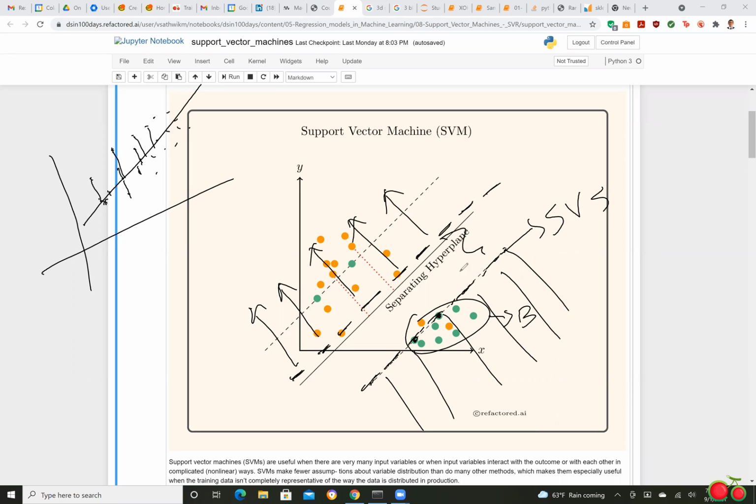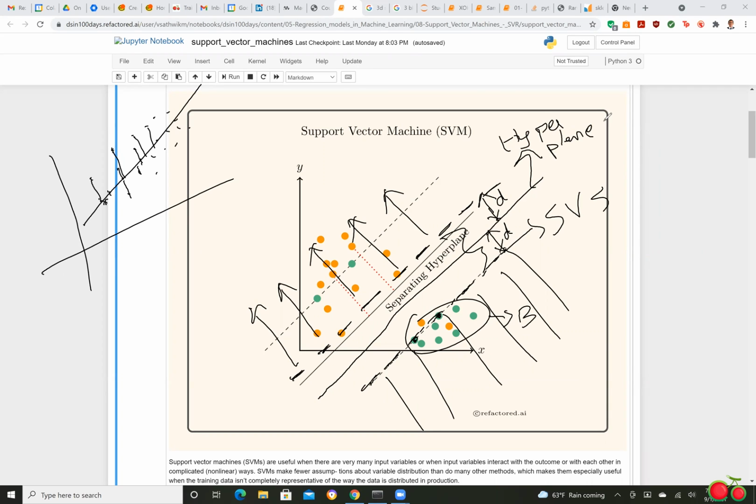Now I have this space in between them where there are no observations. Then I draw a line midway through the space, which is equidistant. If this is D, this is also D. It is equidistant from both these dashed lines and parallel to them. This becomes my hyperplane, and it is also called a decision boundary.